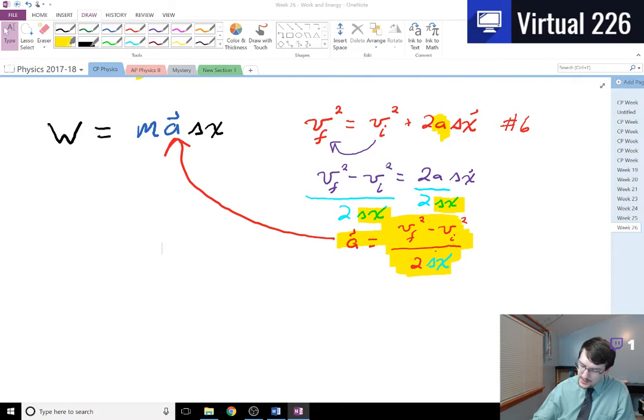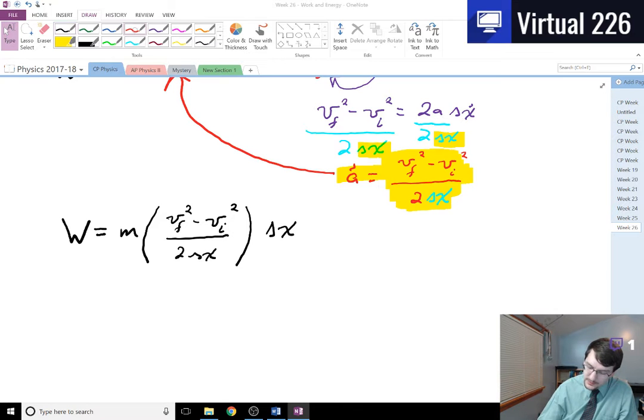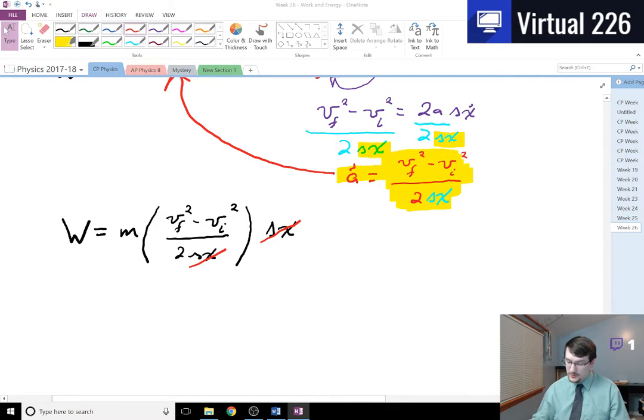So what we'll have now is that our work is going to equal m, and then our acceleration is vf squared minus vi squared over 2 delta x, times delta x. And what we see here, this is nice, is that our delta x's are going to divide out. That's what we were trying to do.